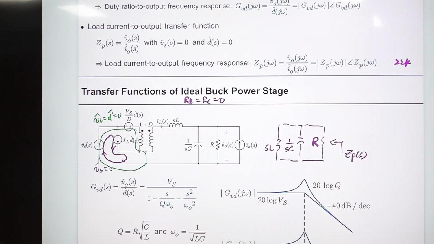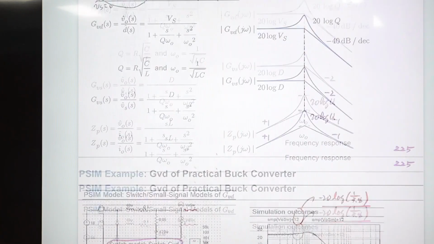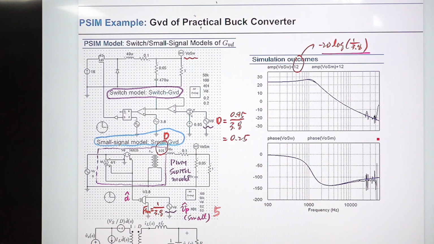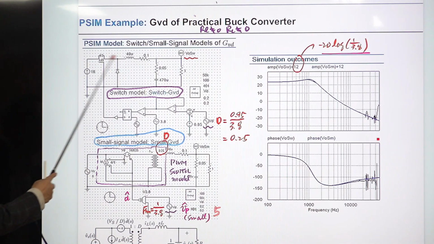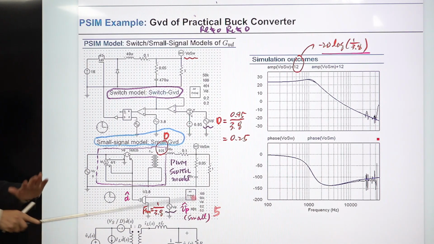I just ignored the parasitic resistance, and practical means both RL and RC are considered, and here we have 2 models, okay? I provided all the PSIM files, so search this name. This comes together; there are 2 in one file.